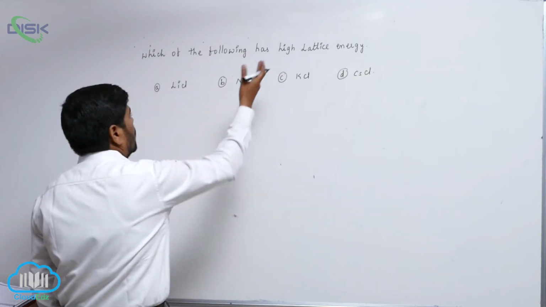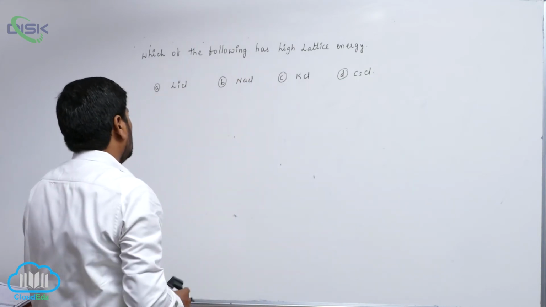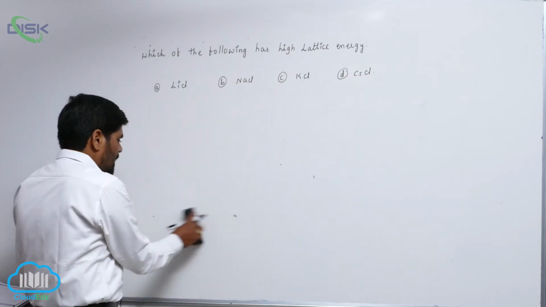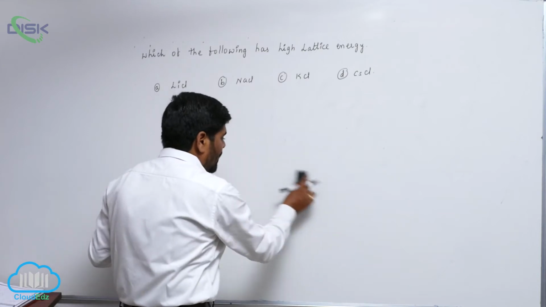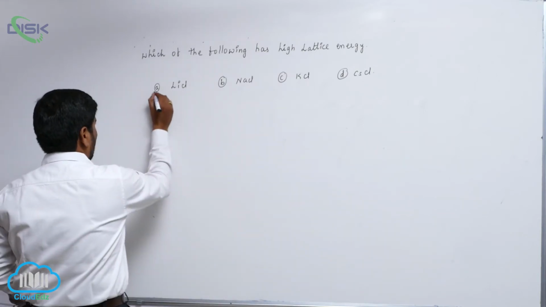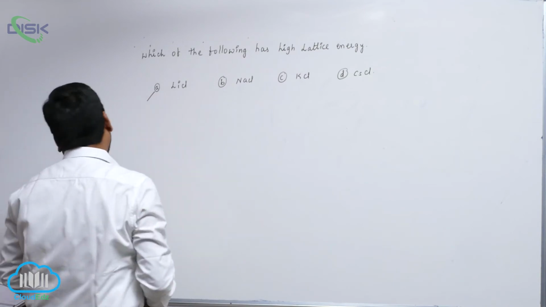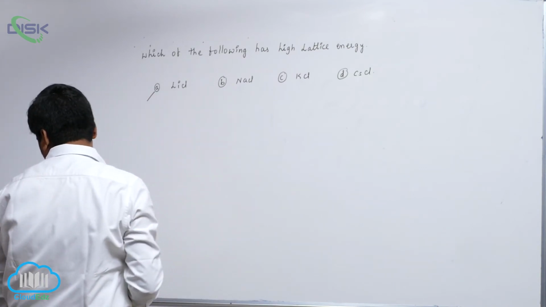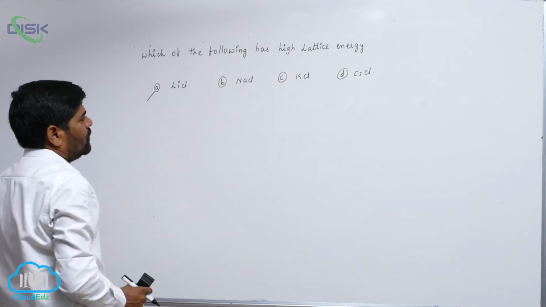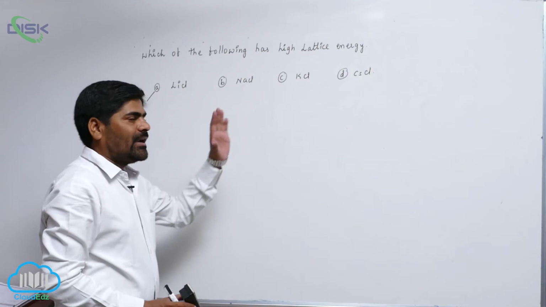Now, if the cation is smaller in size, lattice energy increases. So the highest lattice energy is in lithium chloride. This was about lattice energy.